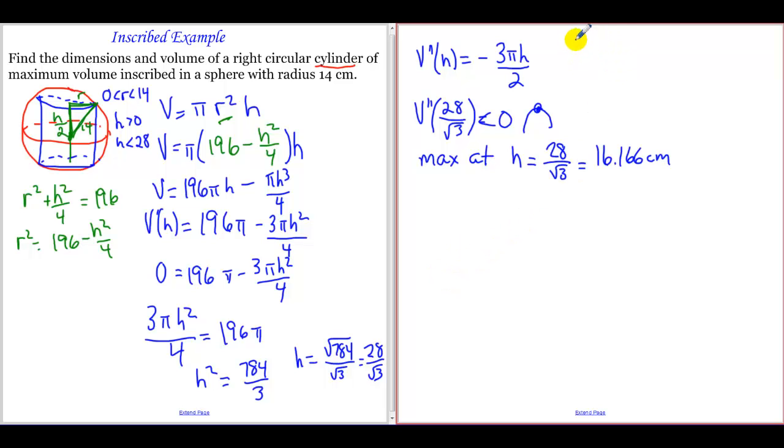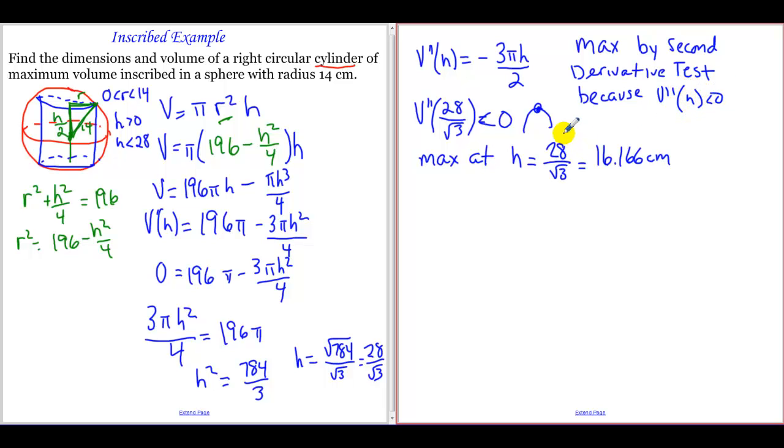Okay, and it's a max by the second derivative test, because f double prime of our h value was less than 0, where v prime of h equaled 0.